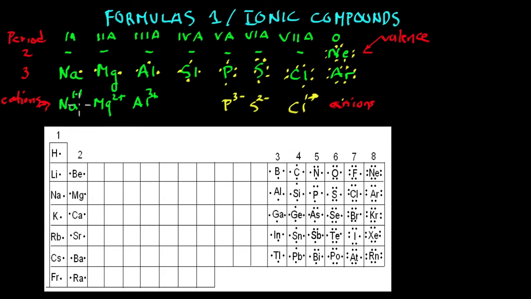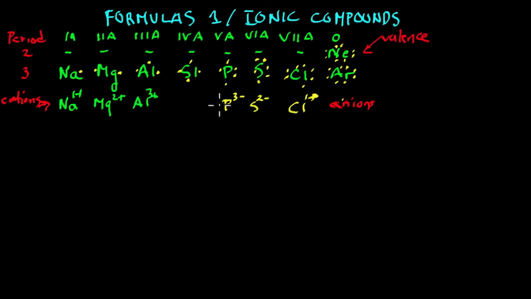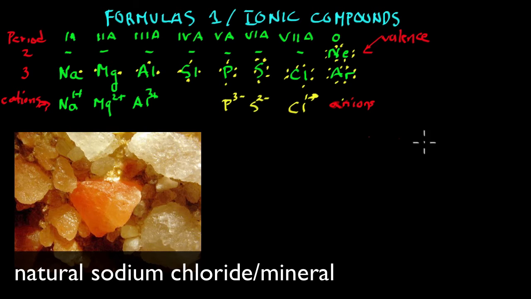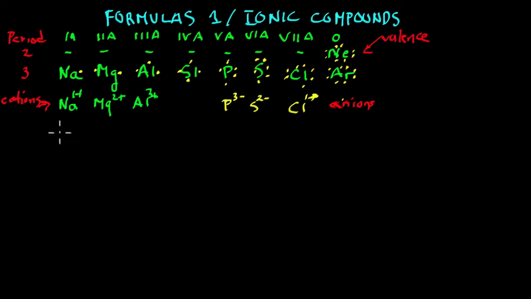Now we're going to make some compounds. These things are formed either naturally in minerals like sodium chloride, for instance, and we'll just list a couple of these right here. Here's sodium. We'll list it 3 times. It's a 1 plus.